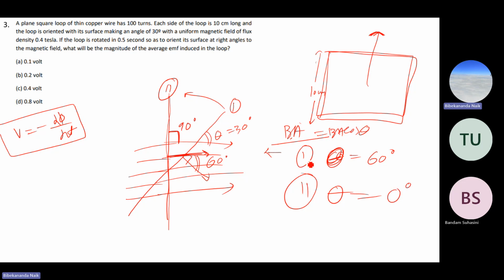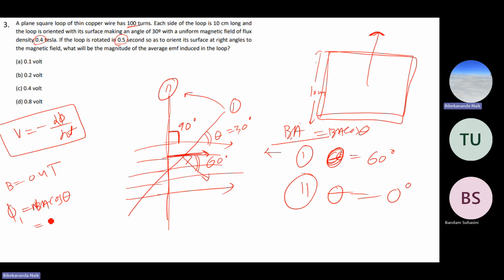So now we will calculate the magnetic flux. Here, the magnetic field strength is 0.4 Tesla. So in the first case, phi 1 will be how much? BA cos theta, and since the coil has 100 turns, it will be NBA cos theta.